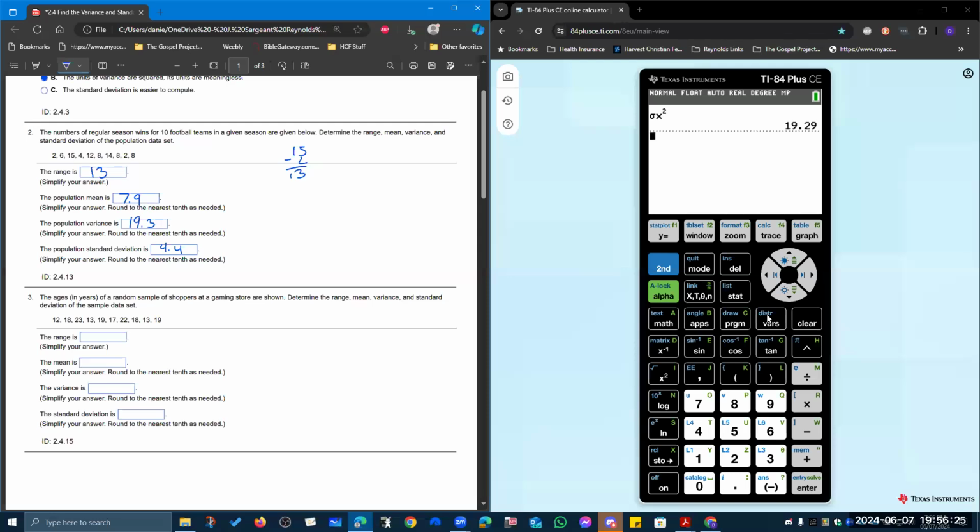We can also come in here to list, operations. Let's see, there it is. Under math, there's standard deviation and variance. If I want the variance of what's in L1, that's the sample variance. That's why I didn't use that, because population variance is going to be sigma. This gives me s squared.